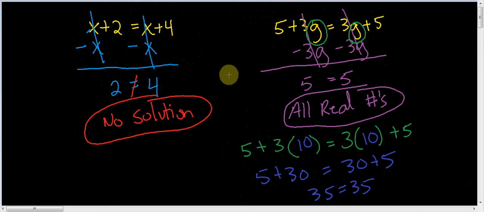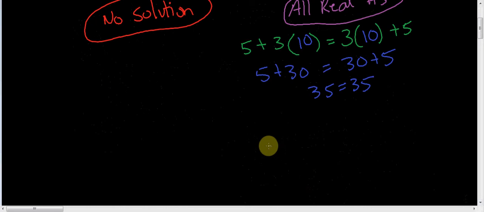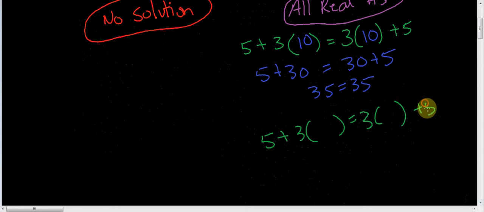True statement. Okay, we could do this again with a different number. We could say 5 plus 3 times something equals 3 times something plus 5. And we can fill in -3 for g.